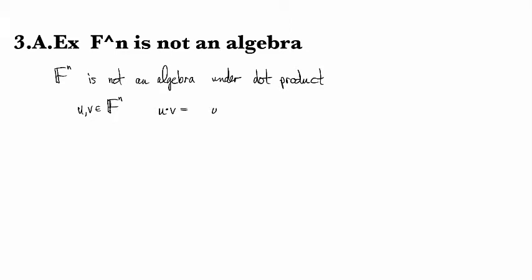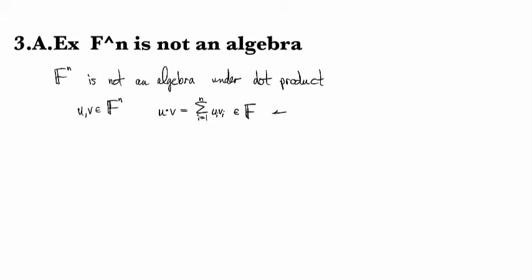So you take the ith coordinate of u and the ith coordinate of v, and then you sum all these up through all the dimensions that you have. That's how it's defined. And then what that gives you is something from the scalar field, which in particular is not in Fn.